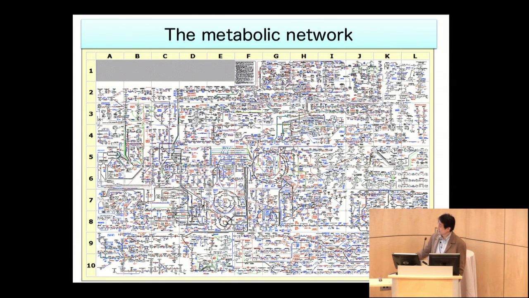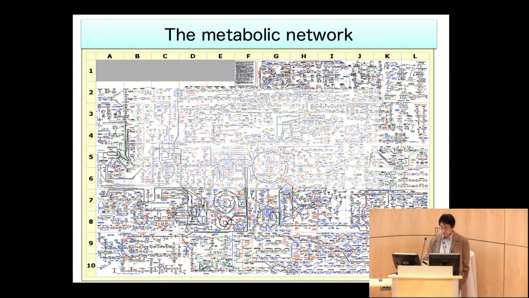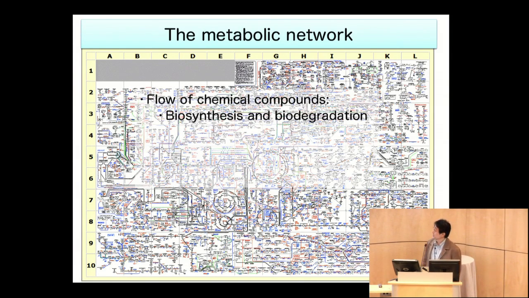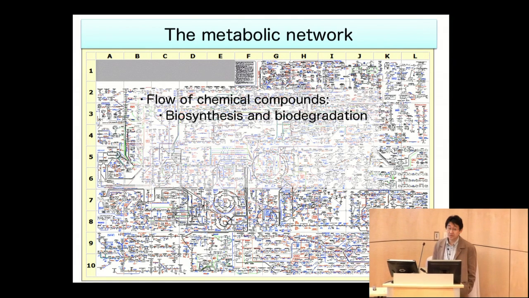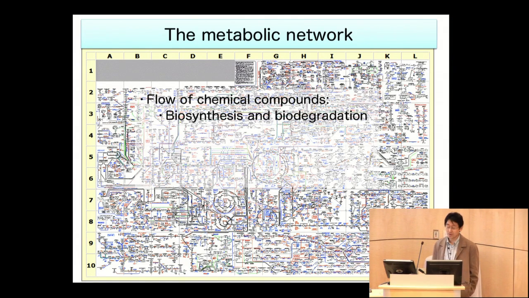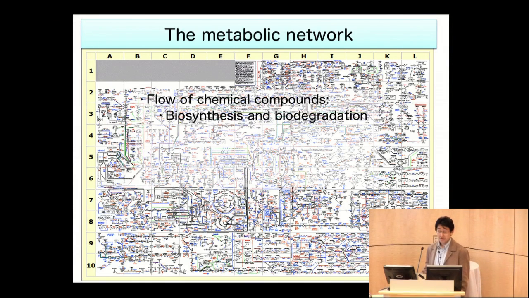This is a very famous wall chart for biochemists, indicating the whole metabolic network in our knowledge. What this shows is that the metabolic network is a flow of chemical compounds, which are biosynthetic pathways or biodegradation pathways.